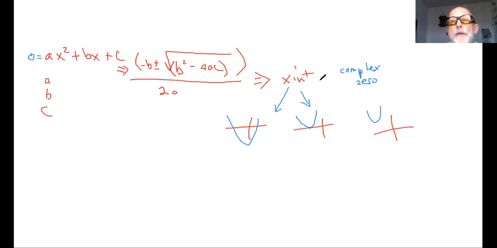So we can use the quadratic formula to find the x-intercepts when there are any, or it'll even find the complex numbers that make this thing equal 0. They're called complex zeros, and we'll do that as well. Okay, so let's start by programming our calculator.